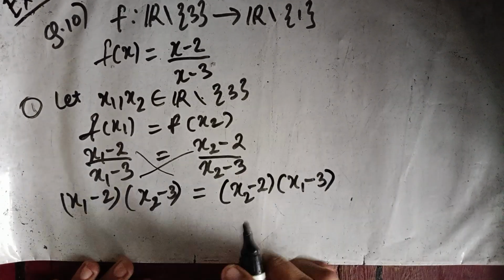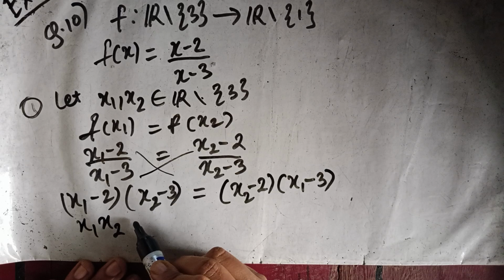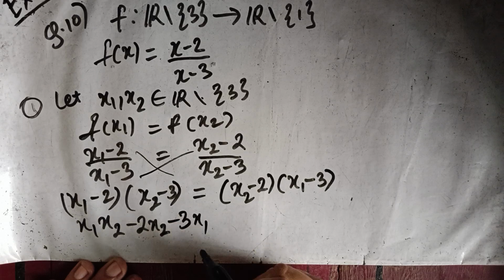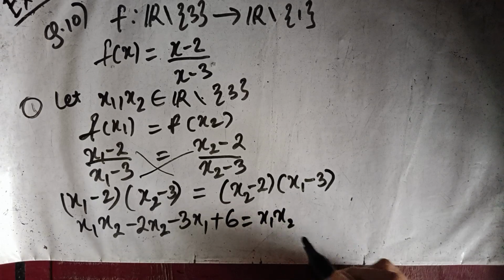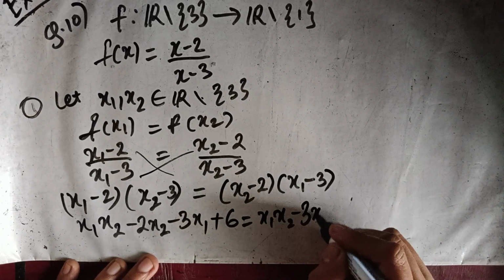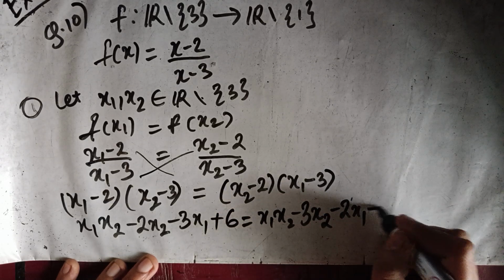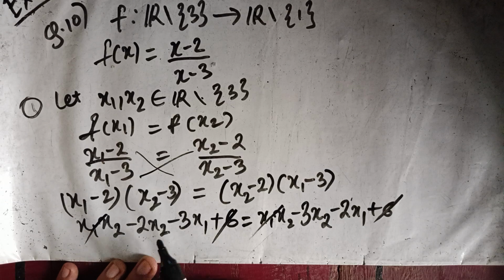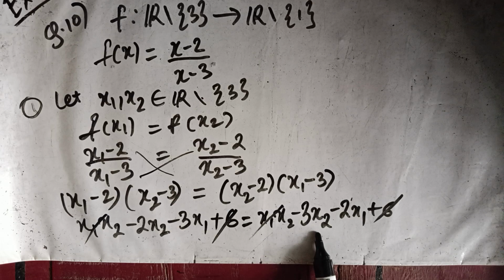Multiplying, we get x1x2 minus 2x2 minus 3x1 plus 6 equal to x1x2 minus 3x2 minus 2x1 plus 6. The x1x2 and 6 get cancelled.